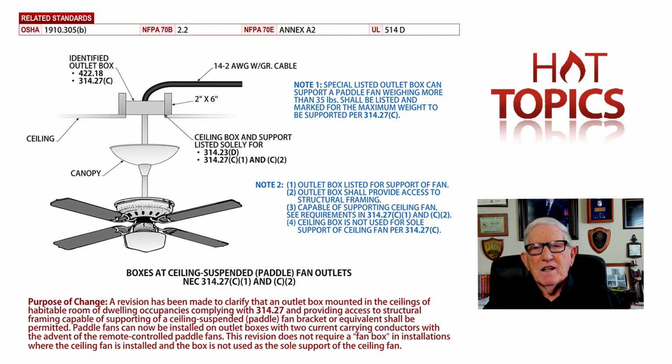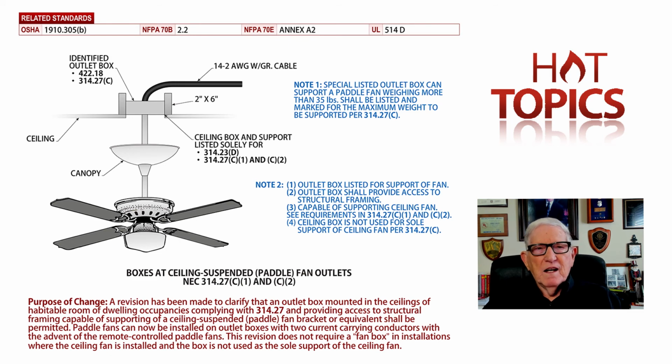Annex A2 in 70E would list the safety-related work practices, if any are involved. And then UL 514D, as in dog, would add additional pros and cons on such an installation with the box, say an outlet box to support a ceiling fan.